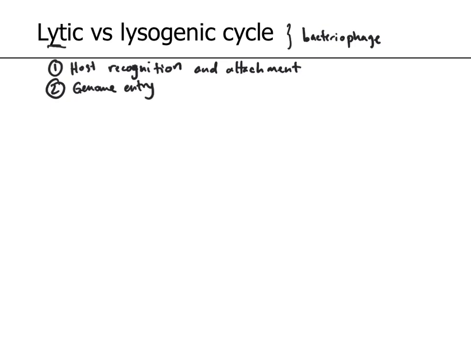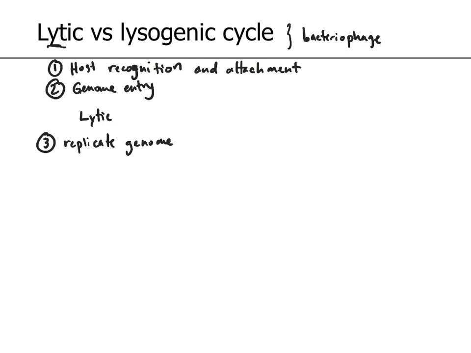Lytic, lysogenic, doesn't matter. So now we'll split this, and we'll just talk about the lytic pathway. This is what you would think of as your typical pathway of what would happen immediately. And so the third step, remembering the overall life cycle process, is to replicate the genome.